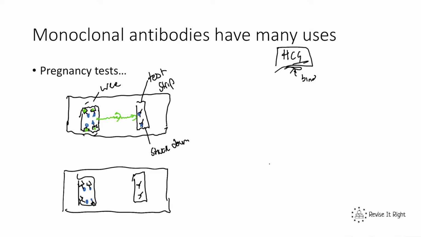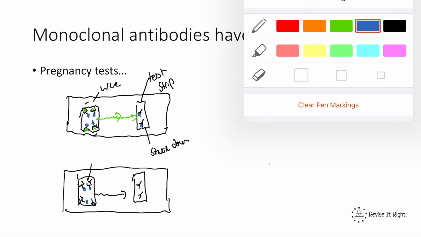So what then happens if the lady is not pregnant? Well, the lady will still obviously wee on this part of the pregnancy test here, but there will be nothing to bind to these monoclonal antibodies here. The urine will still travel up the pregnancy test stick, and the blue beads will still travel up the pregnancy test stick as well. But these blue beads will not have anything to attach to because they don't have this HCG.